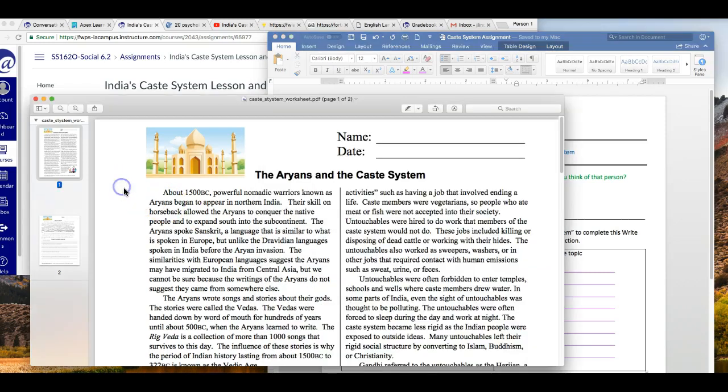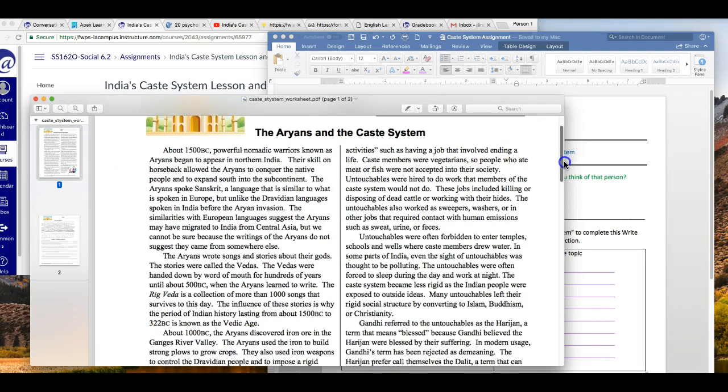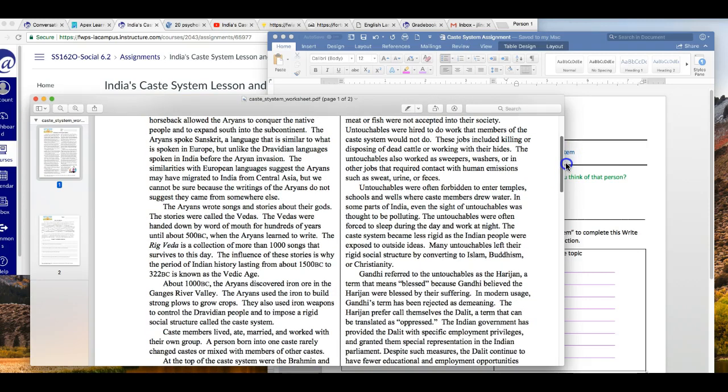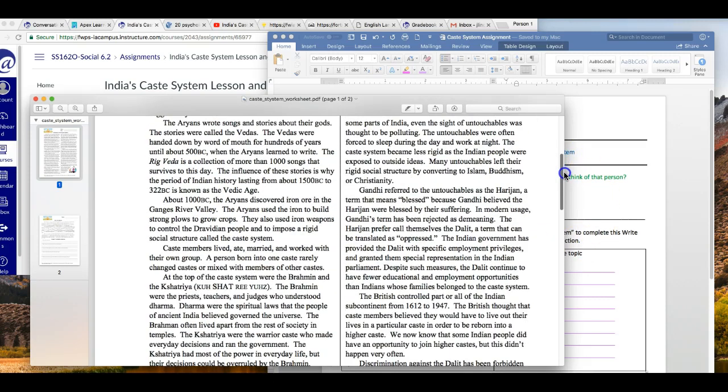For example, when you read this, you will learn that the caste system was actually designed a long time ago, 1000 BC, kind of. So it was not designed in modern times, but this document was written in modern times.